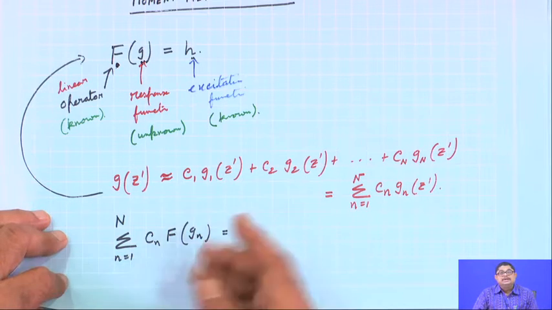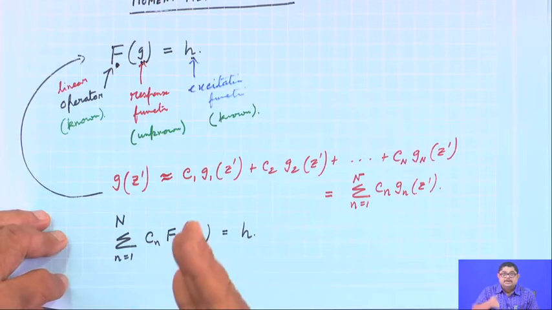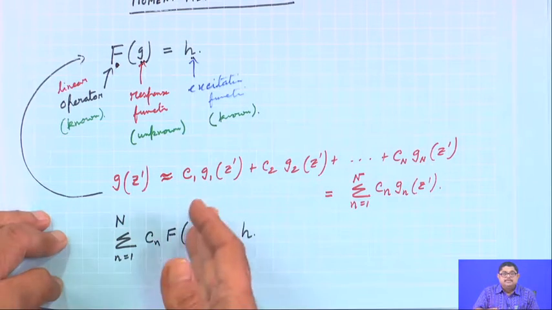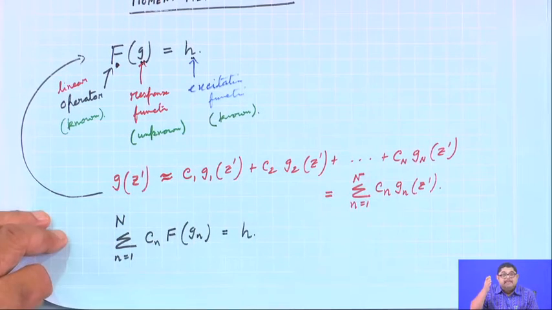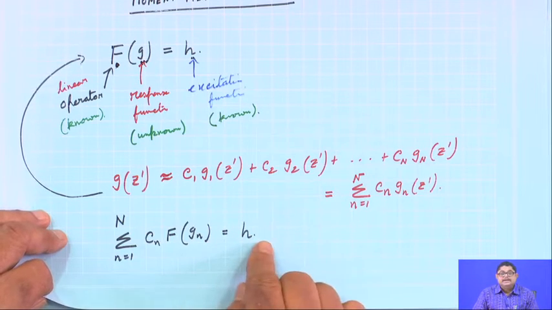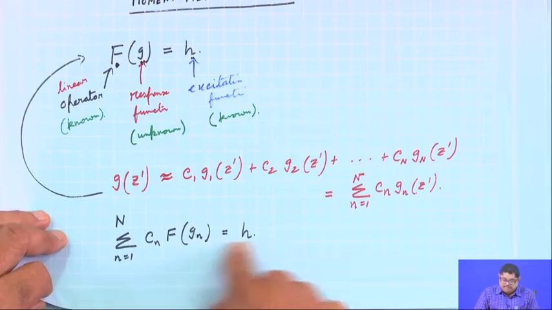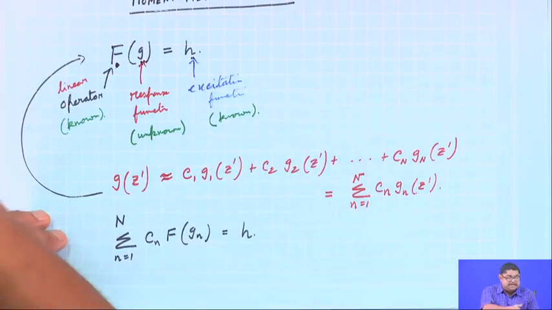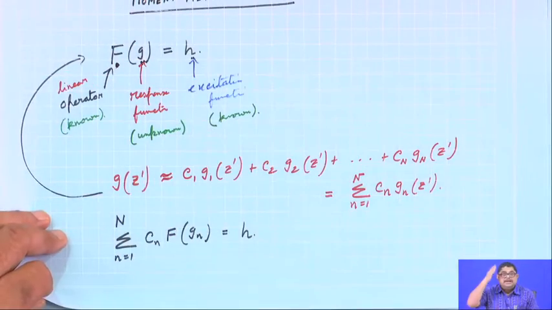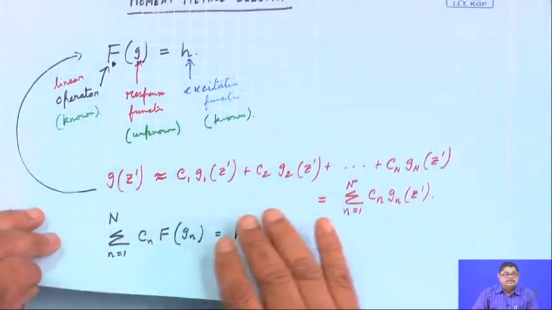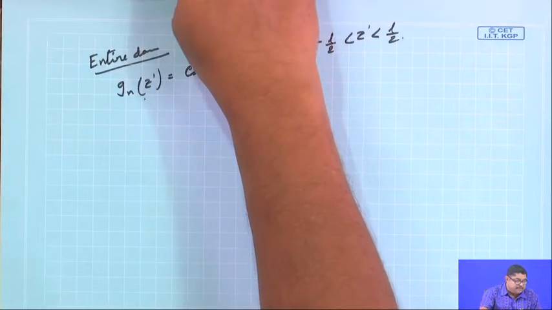The recourse is to enforce this condition. Let us take capital N number of boundary conditions. For our case it is that equation. Let us enforce that equation at N number of points. So, the boundary conditions will be N.